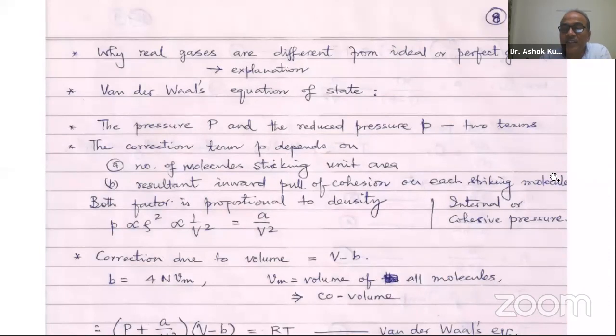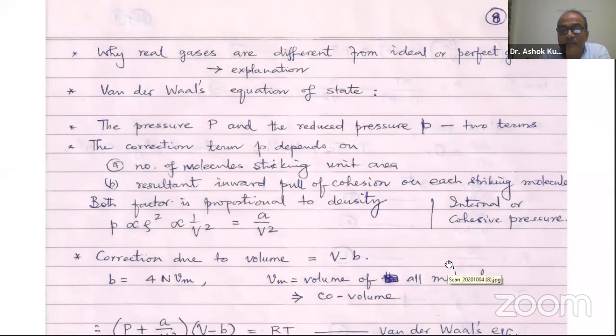Suppose the volume is 1 cc, then you cannot neglect the total volume due to n number of molecules. It has finite volume. So one molecule has, suppose, volume Vm. So for two molecules, 2 Vm, for n molecules, n Vm.